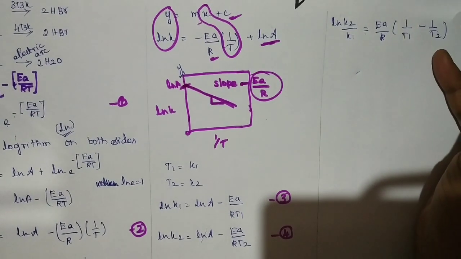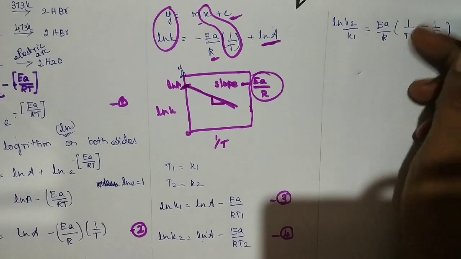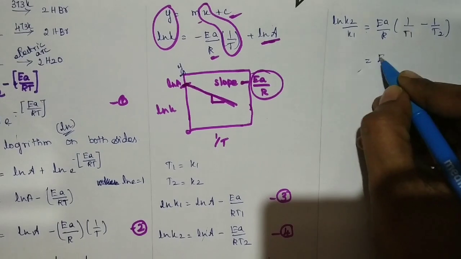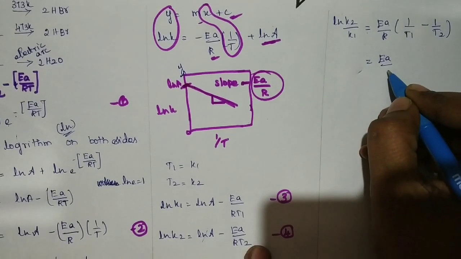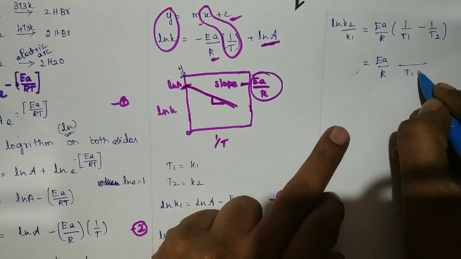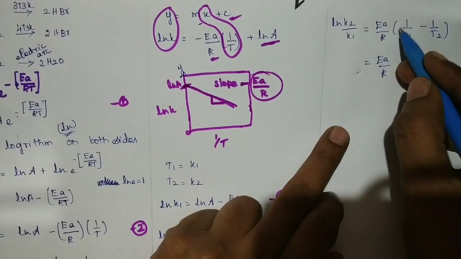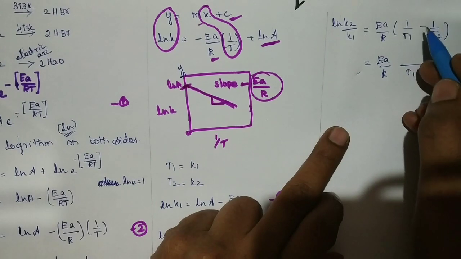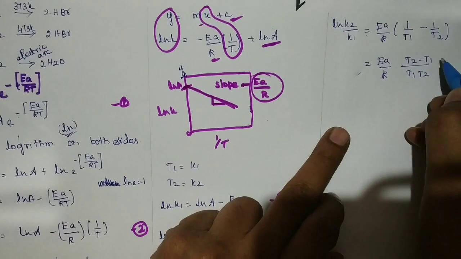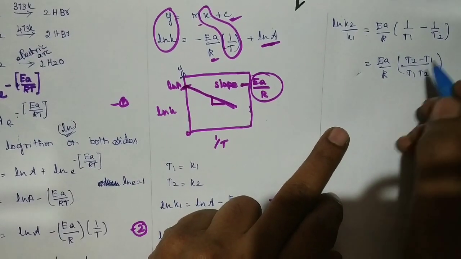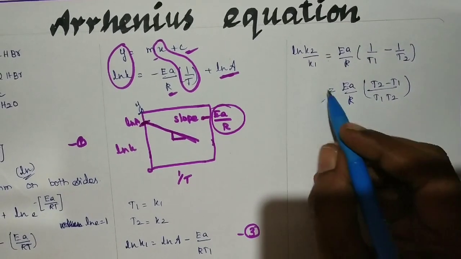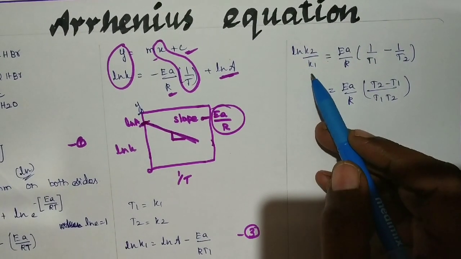Both forms are the same. Rearranging this equation, it is equal to Ea by R into (T2 minus T1) divided by T1 T2, by cross multiplication.